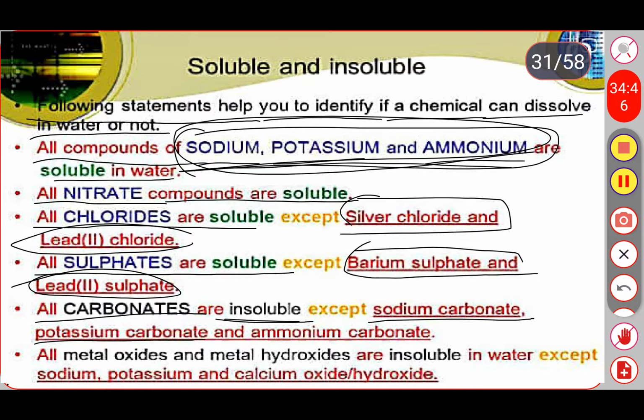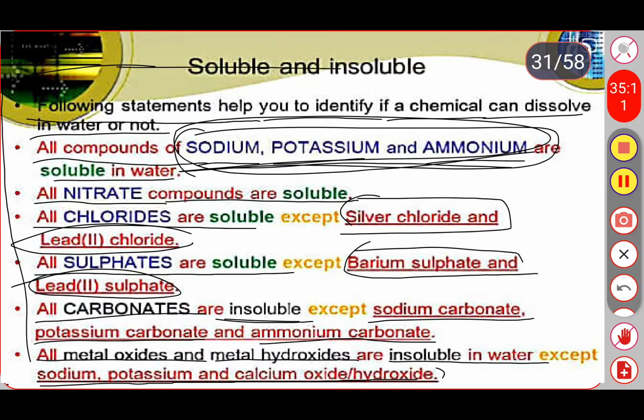Okay. Next one, all the metal oxides and metal hydroxides are insoluble in water except sodium, potassium and calcium oxides or hydroxides. So this is the easiest way to identify whether the basic substances are soluble in water or not. Okay.